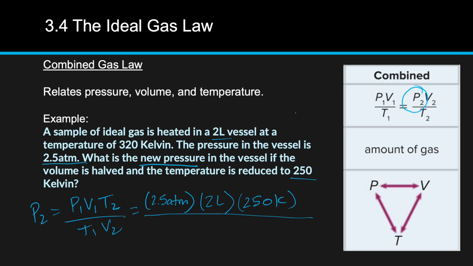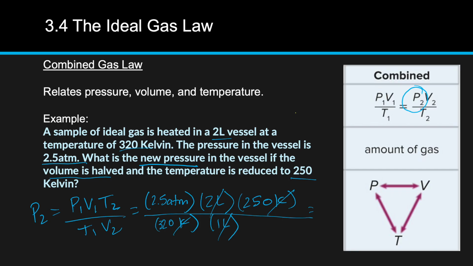Our initial temperature is 320 Kelvin. And our final volume is halved, so it'd be 1 liter. So now you can see our Kelvin units cancel out and our liter units cancel out, so we're left with atmospheres. And now we just solve.